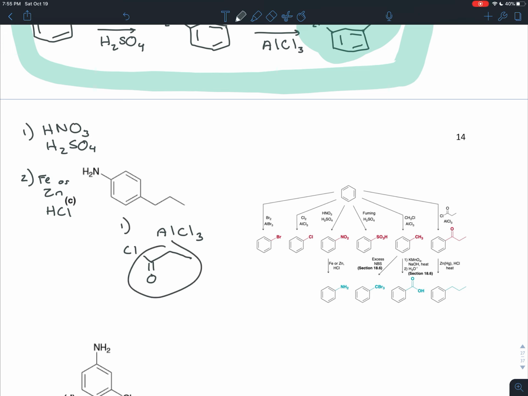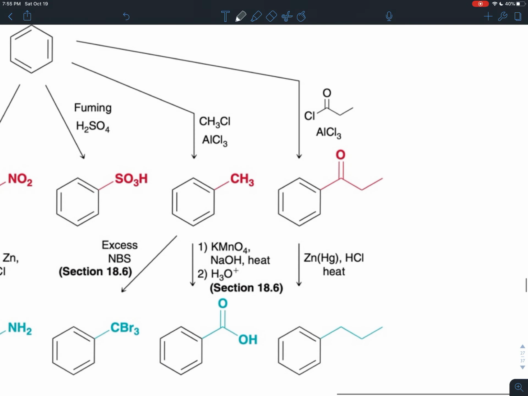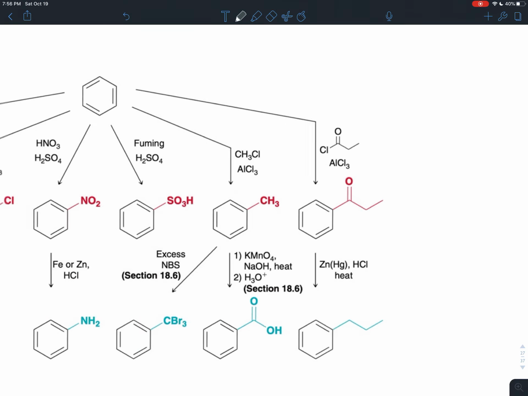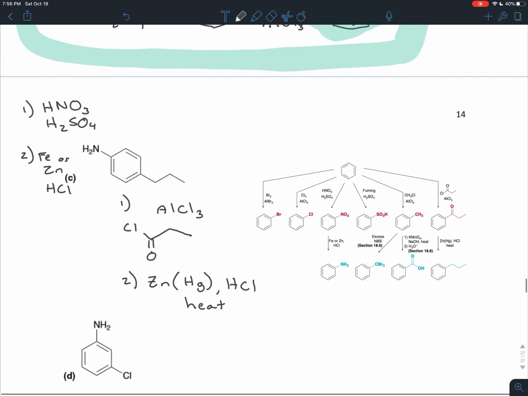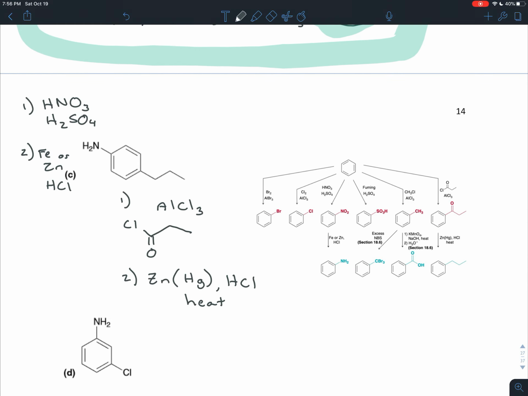That would put this whole branch onto the benzene ring, but you don't want to keep the double bond to the oxygen, so you'd reduce it, and in this case you'd reduce it with this zinc-mercury amalgam, HCl, and heat. So those are our recipes, two steps to get each of those branches on.